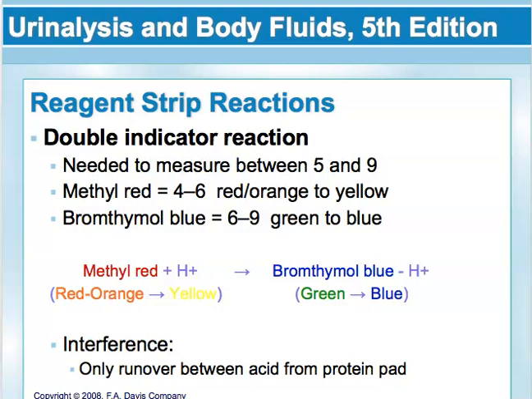There are no known interfering substances for pH, and the only source of error is runover between the reagent pads. On the Multisticks strips, the protein pad is very highly acidic and it is beside the pH pad. So if you have a runover, that acidic protein pad could affect the pH. And then also old specimens.